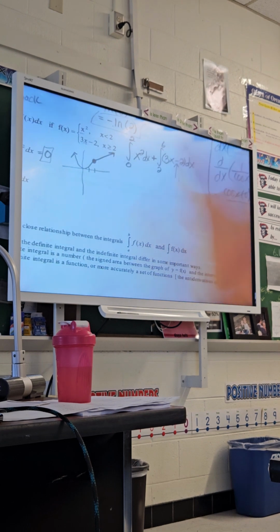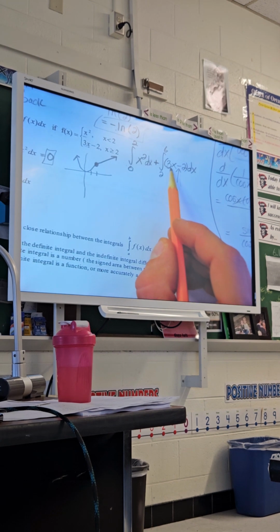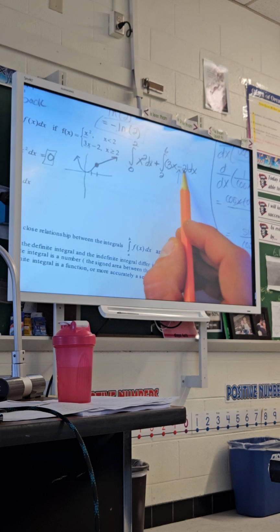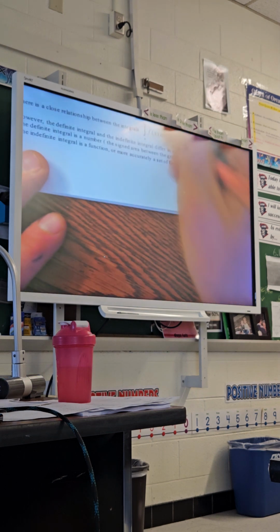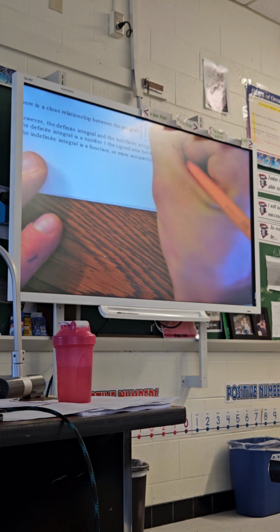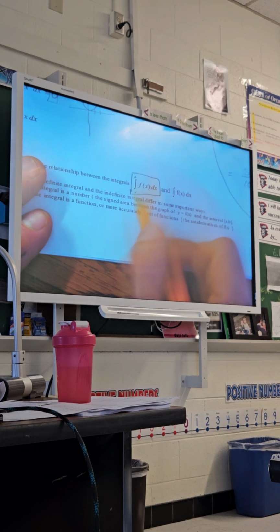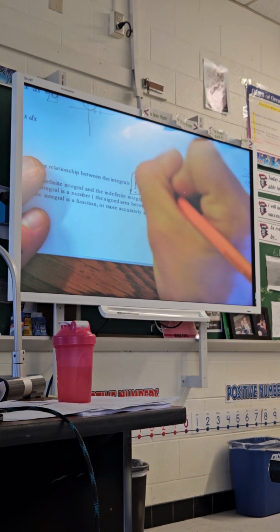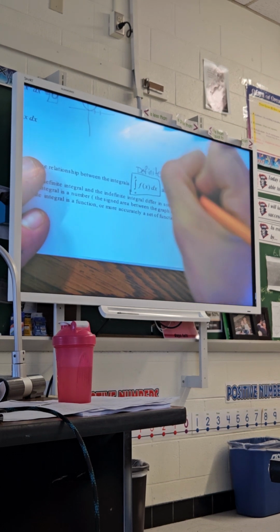Y'all, are y'all scared about this 3x minus 2? Anybody scared of taking the integral of that? It would just be 3x squared over 2 minus 2x. Remind yourself the names of these real quick. When you're looking at actual values, this is called definite integral. And if you're not looking at actual values, this is indefinite.